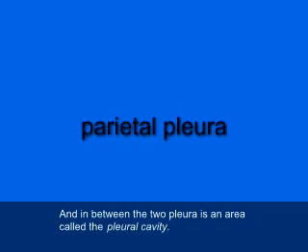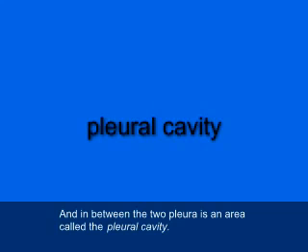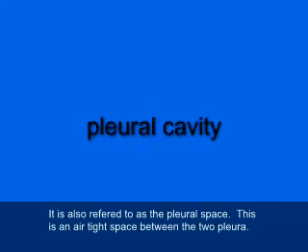And in between the two pleura is an area called the pleural cavity. It's also referred to as the pleural space. And this is an airtight space between the two pleura.